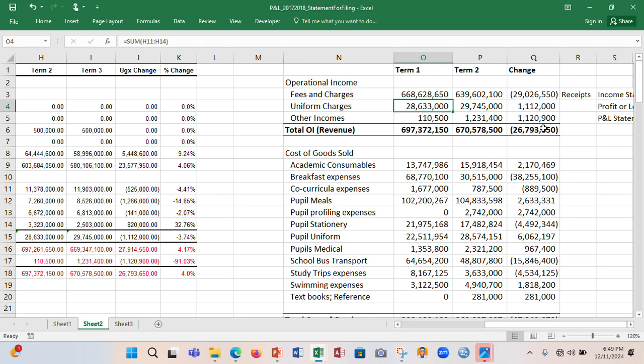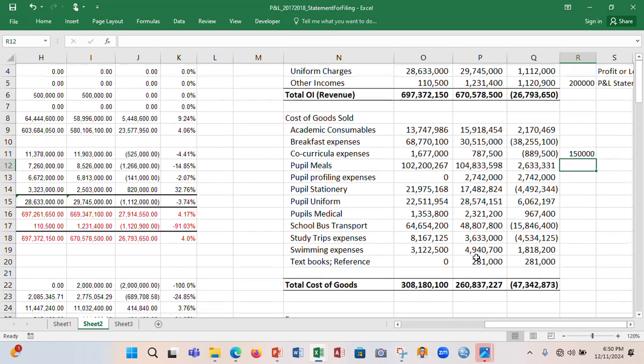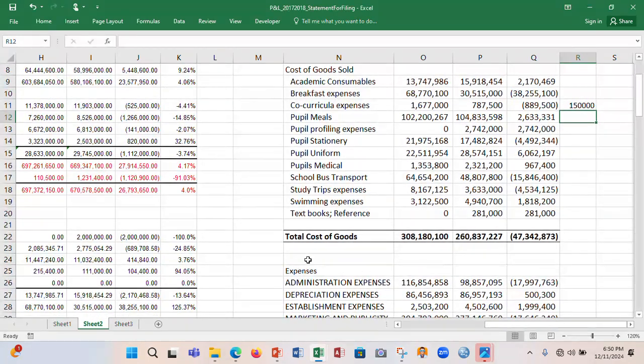So whenever you sell a uniform at 200,000 shillings, but you bought that uniform at 150,000 shillings, you see that? Yes, we say that you have made a gross profit.